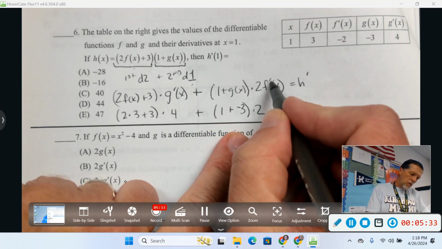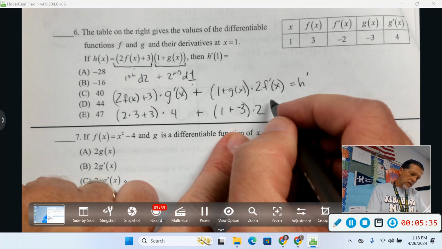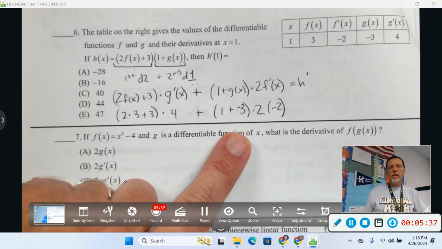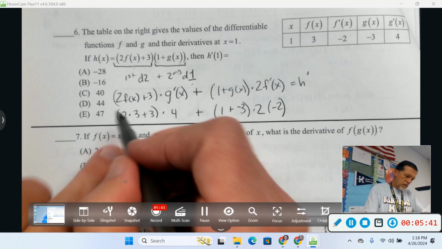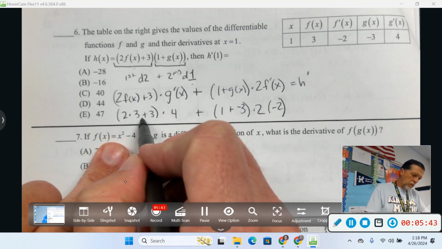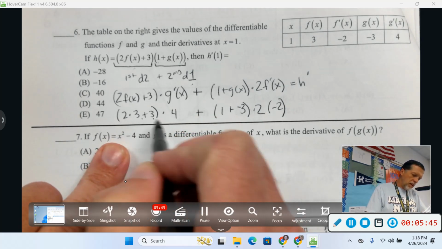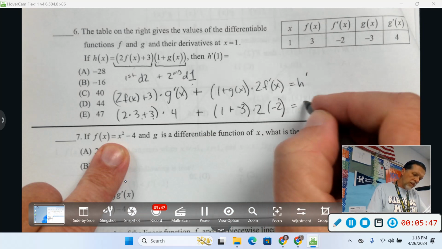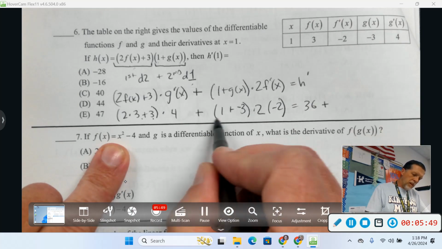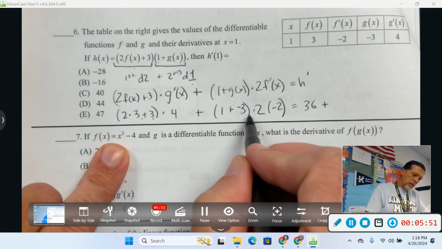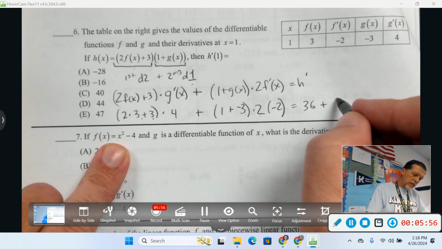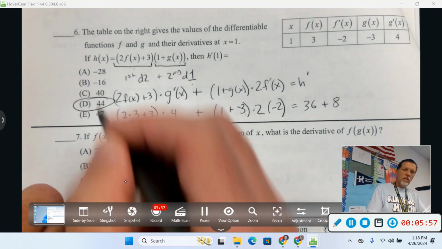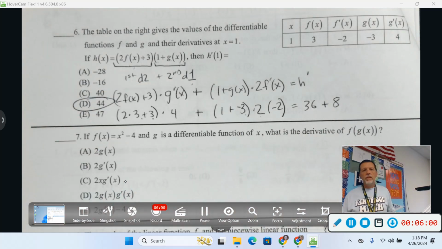And f prime at 1 is negative 2. And then I got to piece all that stuff together. So 2 times 3 is 6, plus 3 is 9. 9 times 4 is 36. Negative 2 times 2 times negative 2 is going to be plus 8. So 44.